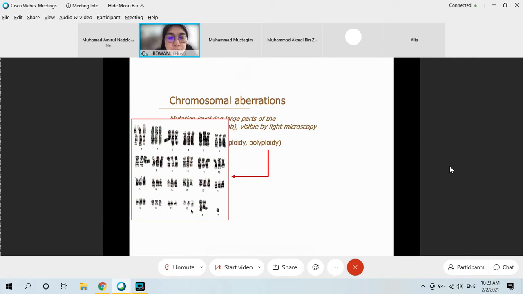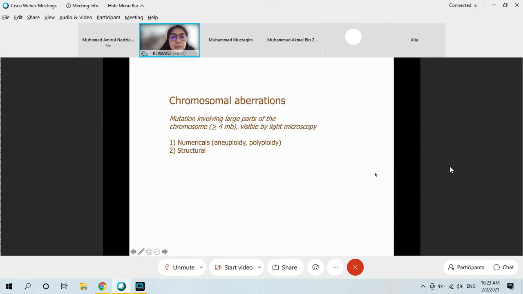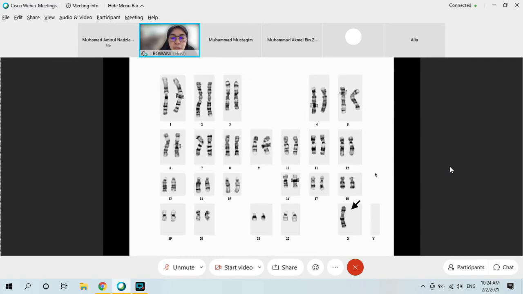This change is called polyploidy because it is a multiplication of your haploid number. Your haploid number is 23, right? So this is 69. In contrast to previously, that is called aneuploidy because it is not a multiplication of your haploid number.